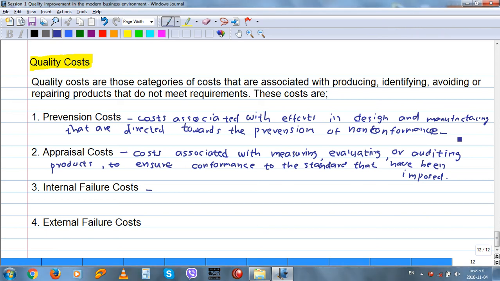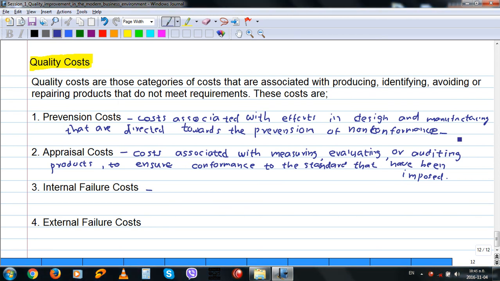If we discover some failure prior to delivery, that is internal failure cost. External failure means after it is delivered to the customer, he finds it does not perform satisfactorily. That is external failure cost.